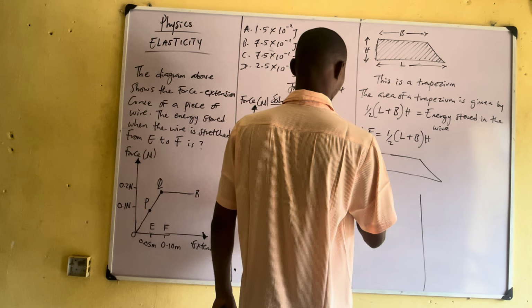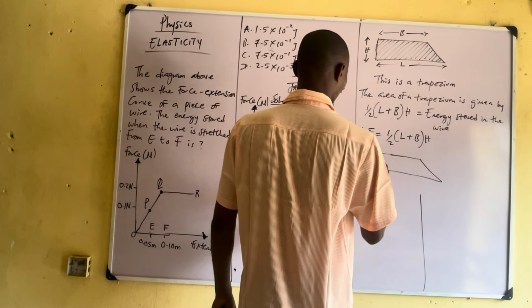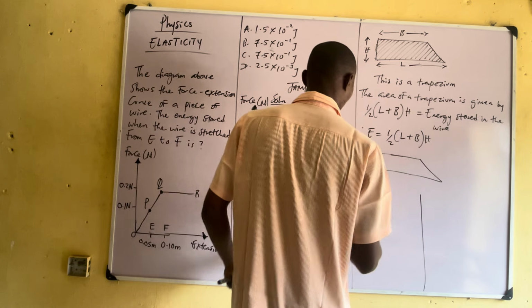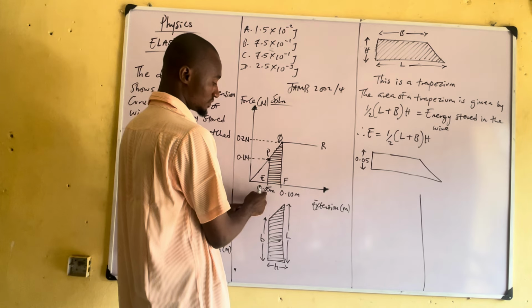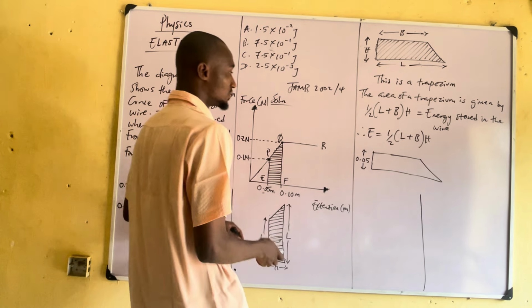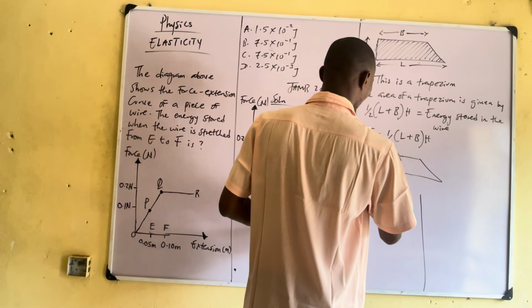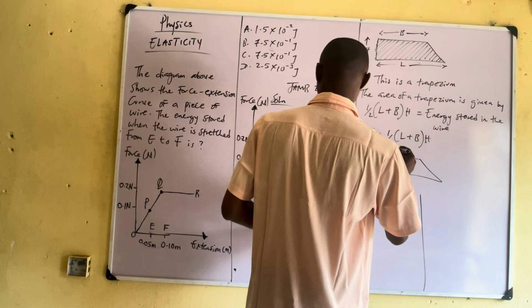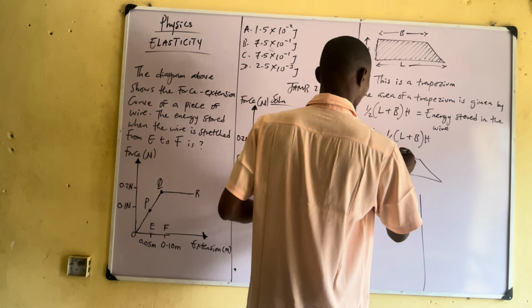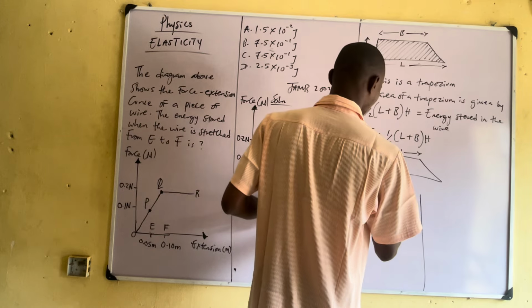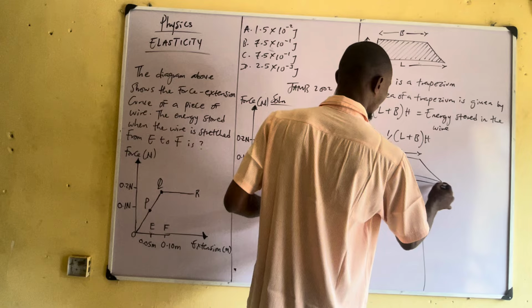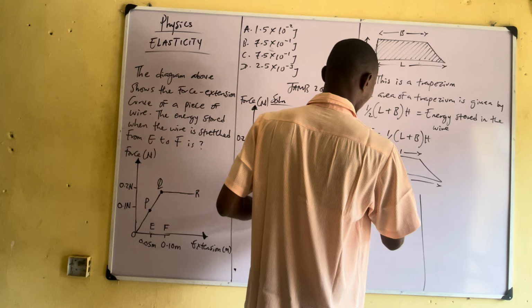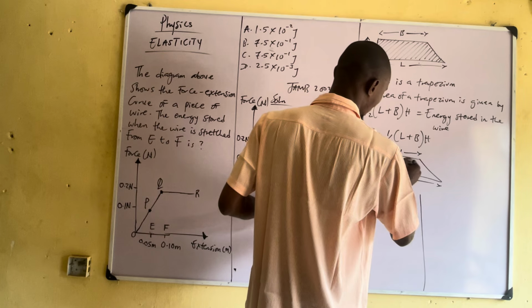Here is 0.05. Is that correct? How do we get 0.05? 0.1 minus 0.05. Now, our breadth here is 0.1, and our length here is 0.2. Now shade that portion again so that we know what we are doing.